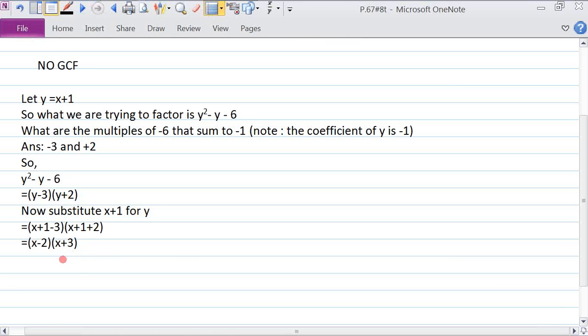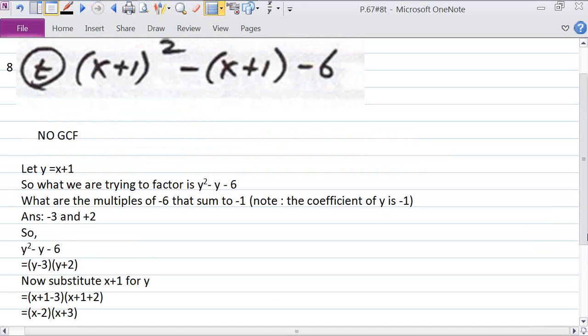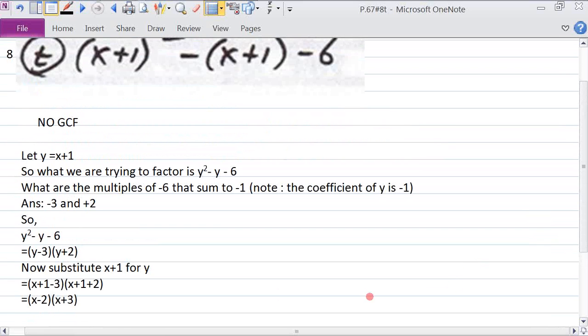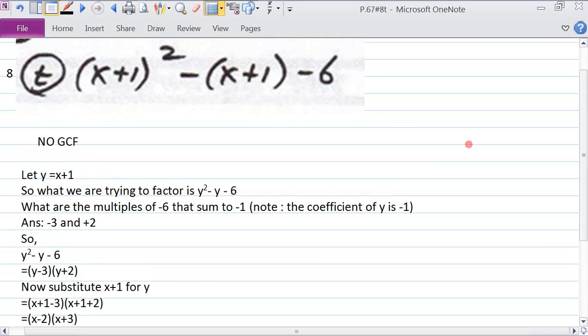So now I've got x plus 1 minus 3, which becomes x minus 2. And x plus 1 plus 2 becomes x plus 3. So what I did initially was replace the x plus 1 in this with y, and then I reversed the procedure.